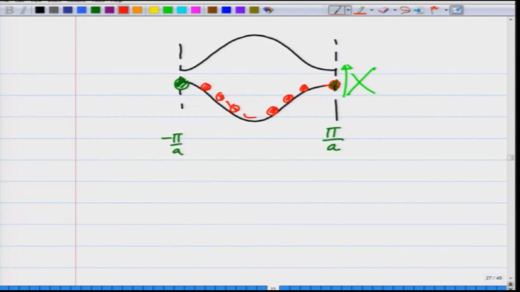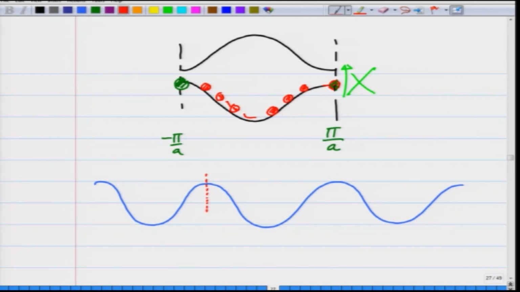You can also see this in the extended zone scheme. If I look at this band, it is like this, and the band extends from minus pi by a to pi by a, and as a particle moves up the band by increasing k, if I apply a force to the right, it reaches the top and then it starts coming down, k is increasing.